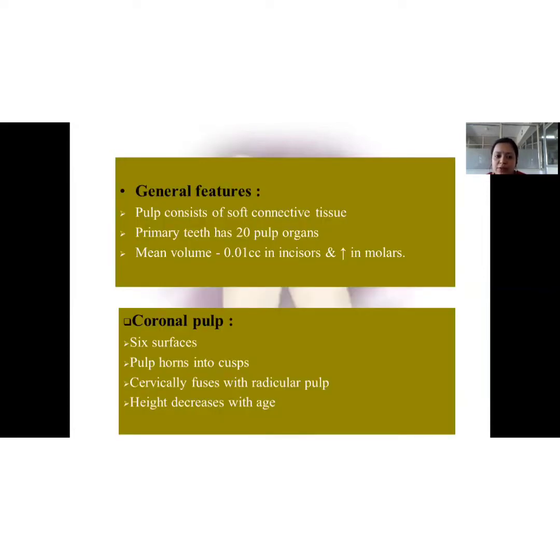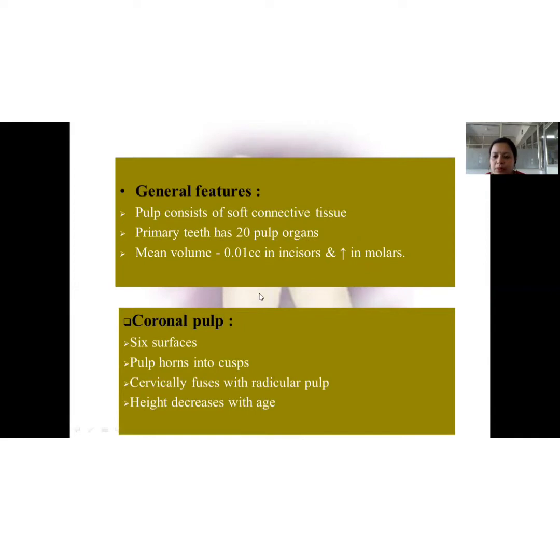Now, what are the general features of pulp? Pulp basically consists of soft connective tissue. In primary teeth, there are 20 primary teeth, so they have 20 pulp organs. The mean volume of pulp is 0.01 cc in incisors, and more in molars compared to incisors.